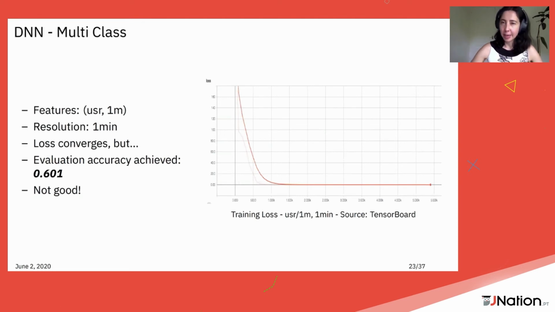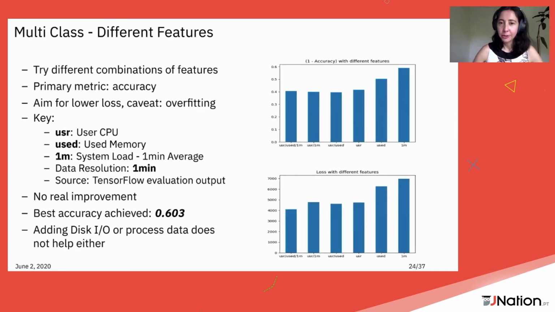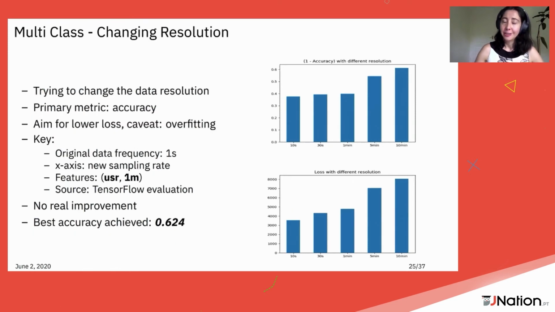So following the same approach as before, we first tried to find if there was a feature or a combination of features that could provide a better value, but it wasn't the case. So we then tried changing the data resolution, again from 10 seconds to 10 minutes, and there was a slight improvement, but not significant.